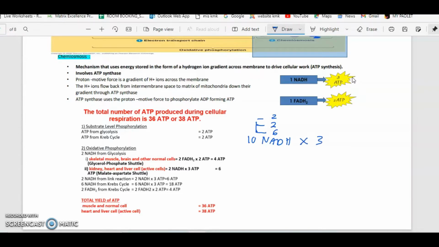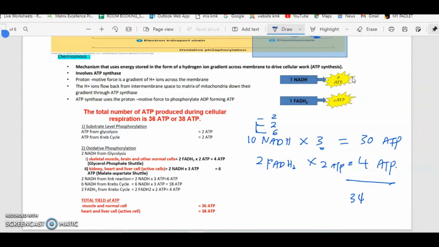So 10 times 3, because each NADH molecule will synthesize 3 ATP. So total ATP produced is 30 ATP. And then we also have 2 molecules of FADH2, and each molecule will produce 2 ATP. So total we have 4 ATP from FADH2. So directly we get here 34 ATP.